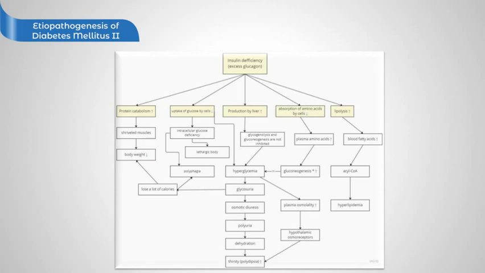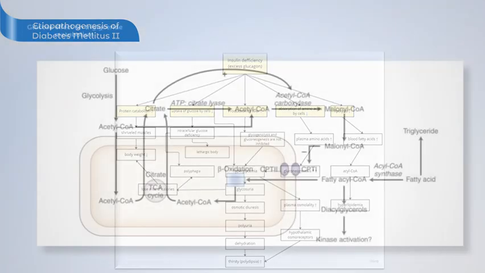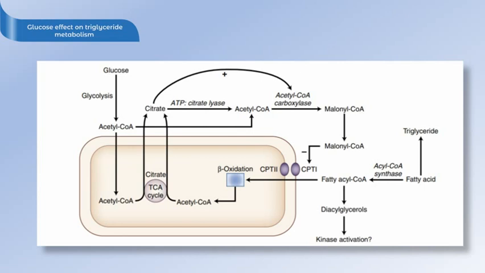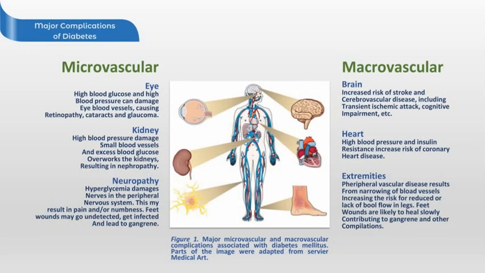And the last one, lipolysis increases, which results in increased fatty acids in the blood, so that the production of acetyl-CoA and triglycerides increases and results in hyperlipidemia. This is how glucose can affect triglyceride metabolism. Glucose enters the triglyceride pathway via fatty acids, which eventually produce triglycerides.